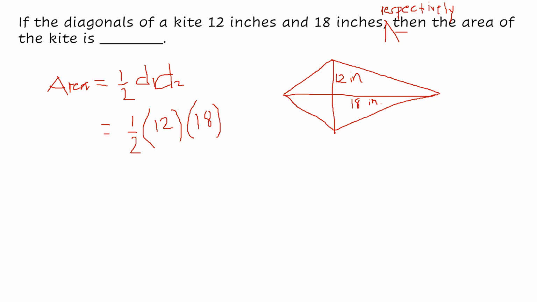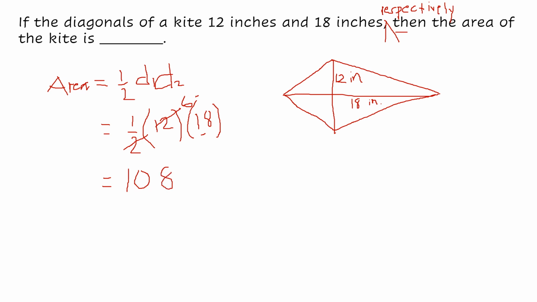You can do cancellation technique to facilitate the multiplication. So you just divide 12 divided by 2 in the denominator of our fraction. But 12 divided by 2 is 6. So you can have 6 times 18. Just multiply them. 6 times 18, that's 108.